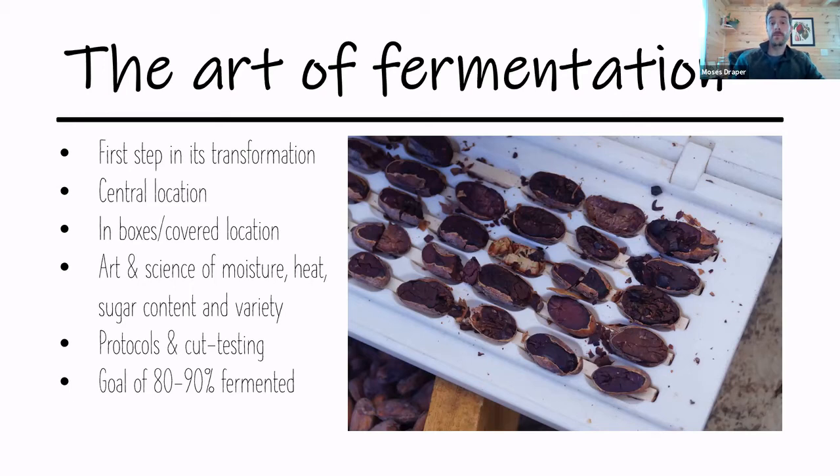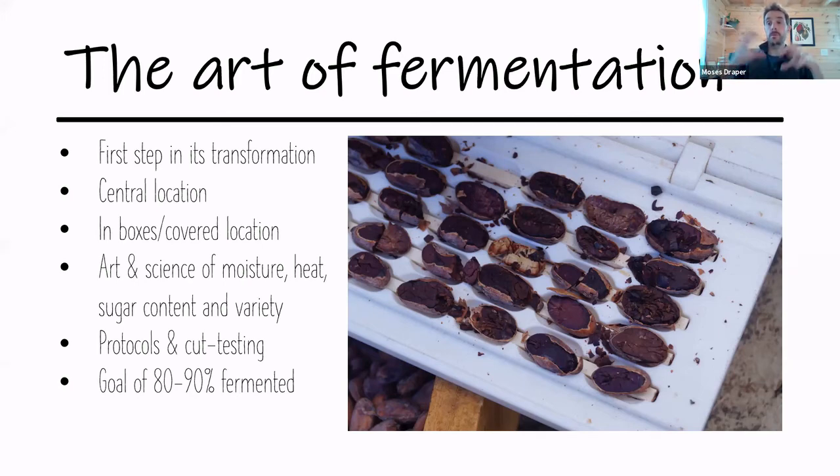And fermentation is an underappreciated aspect of cacao in that it's a real art and science to get it done properly. So they're managing the moisture content in the fermentation batch, the heat and ambient temperatures of the climate, the sugar content of the fruit.